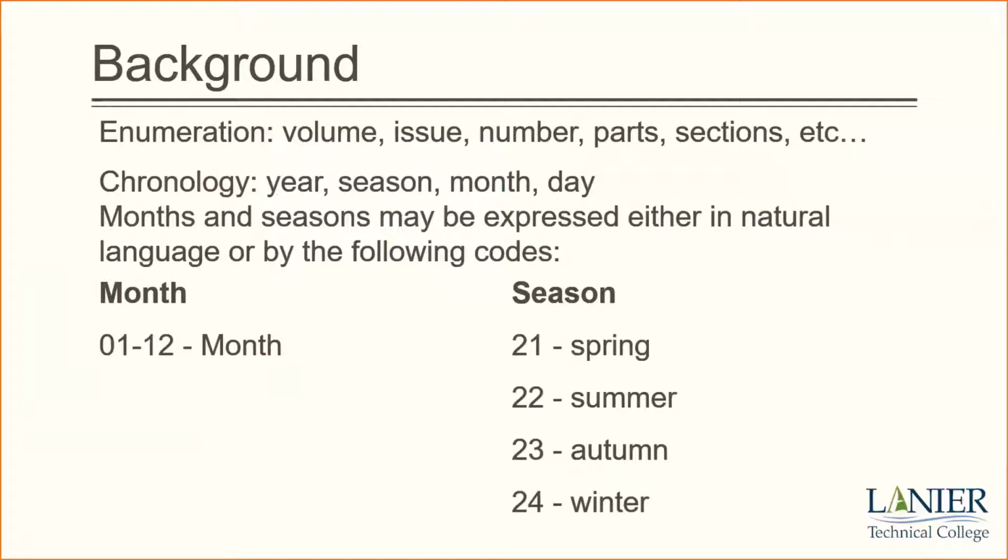So you can use either natural language or you can use the number code. If you're a 10 key person, by all means go 10 key town. But if you'd rather type all that out, go ahead and go to town with that. Either is fine. So just remember enumeration is volume, issue, number, part, and chronology is your time. So think of year, season, month, and day.